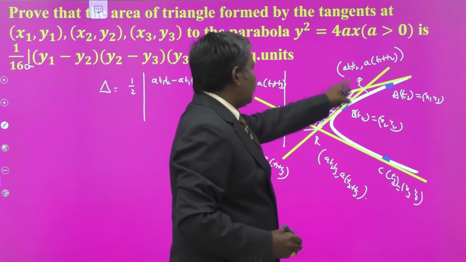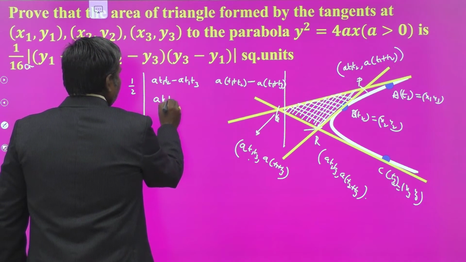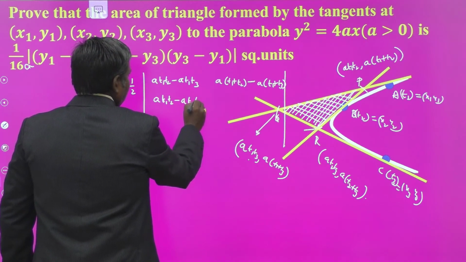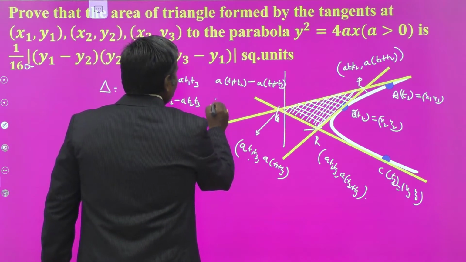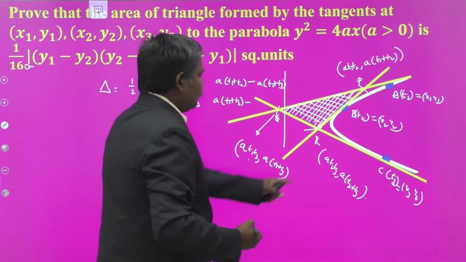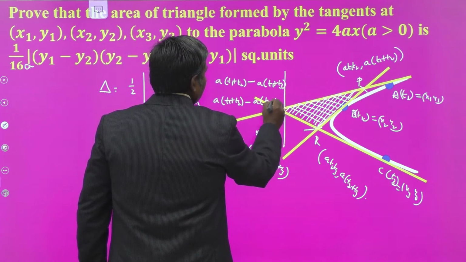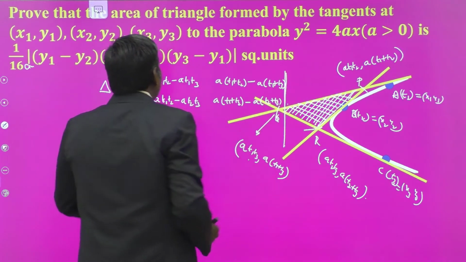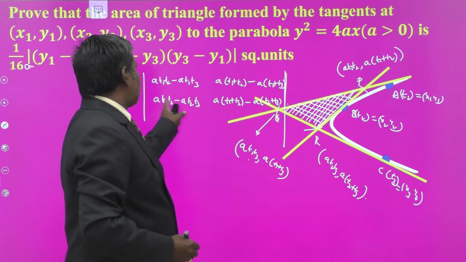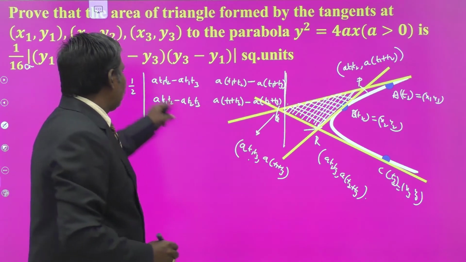And A T1 T2 minus A T2 T3 and A into T1 plus T2 minus A into T2 plus T3. That means what? X1 minus X2, X1 minus X3, Y1 minus Y2, Y1 minus Y3. That is the area of the triangle into half.